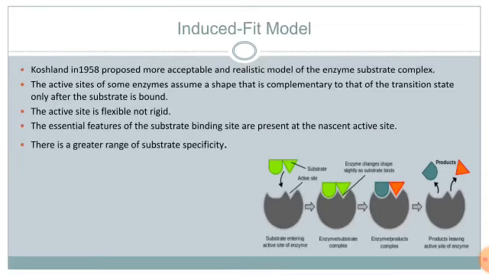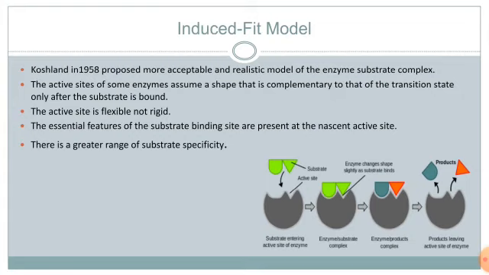The second is the induced fit model, which is also known as the Koshland model. Koshland in 1958 proposed a more acceptable and realistic model of enzyme substrate complex formation. As per this model, the active site is not rigid and pre-shaped. The essential factors of the substrate binding sites are present at the nascent active site.